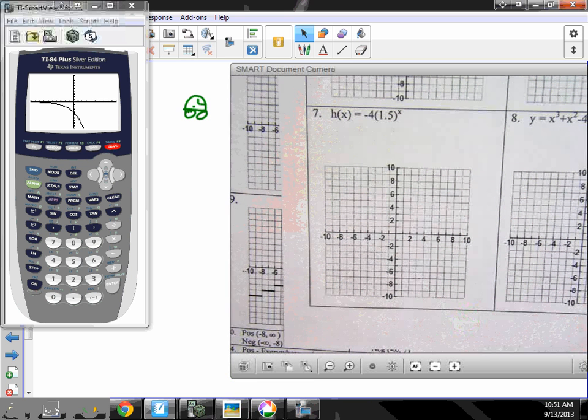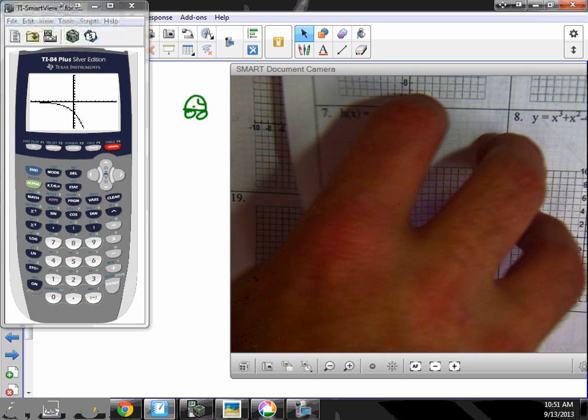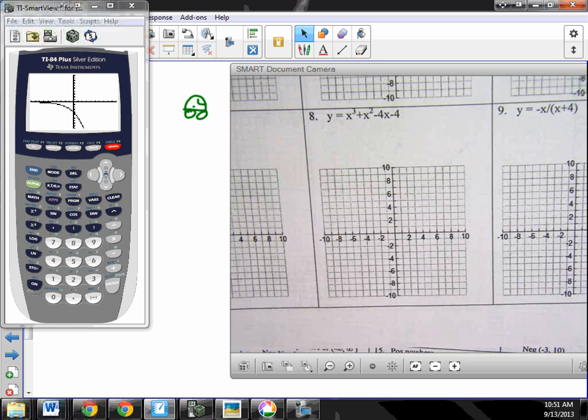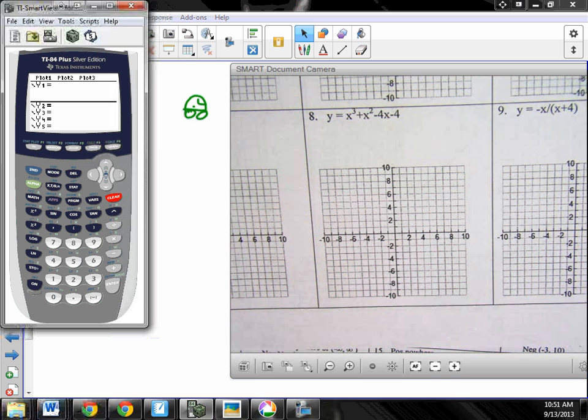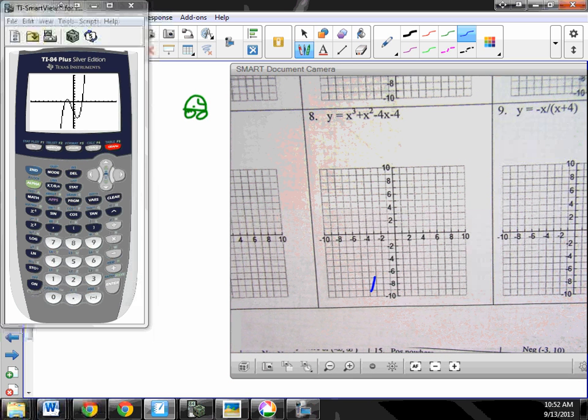All right, number 8. So the graph comes up, back down, and back up again.